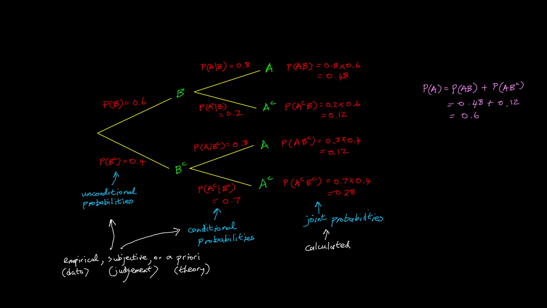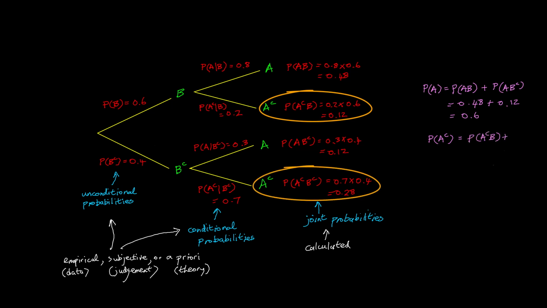The probability of A not occurring must be 0.4, but we can check that by adding up the probabilities for all of the branches at which we have an A superscript C, and that is the second branch at 0.12 and the final branch at 0.28, giving us a sum of 0.4.